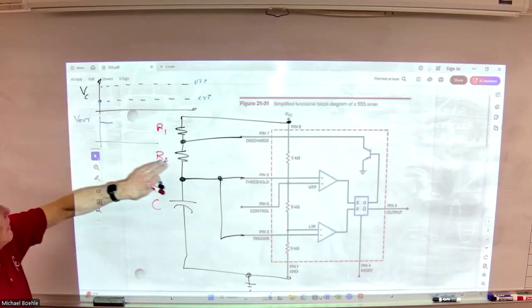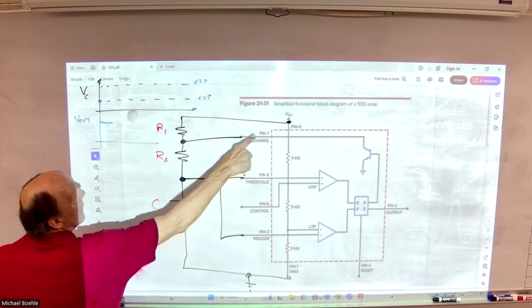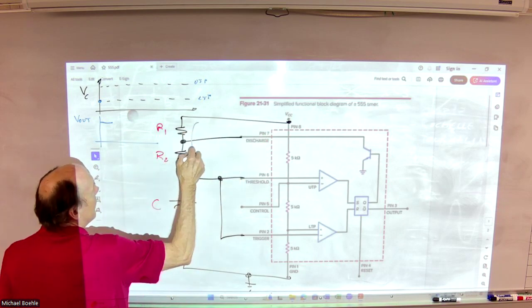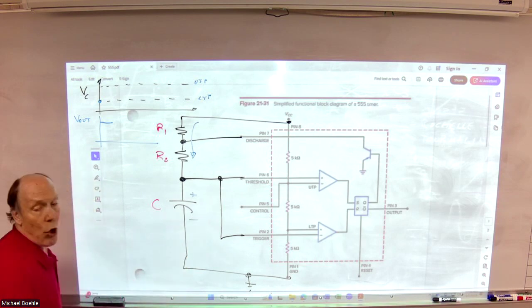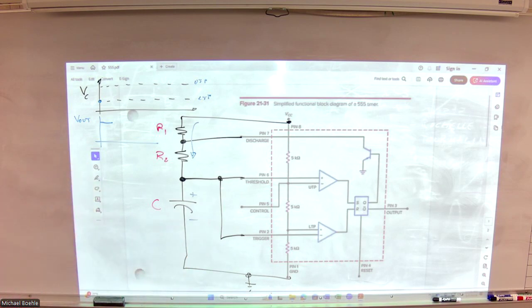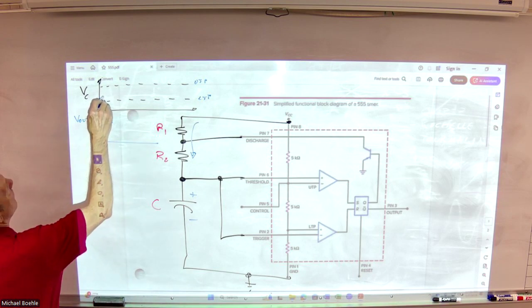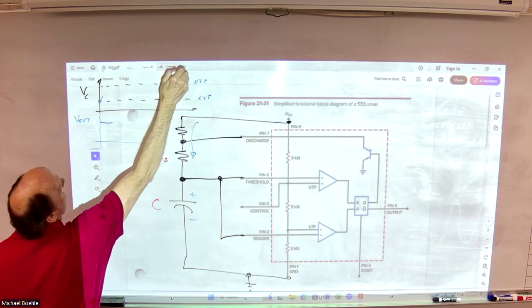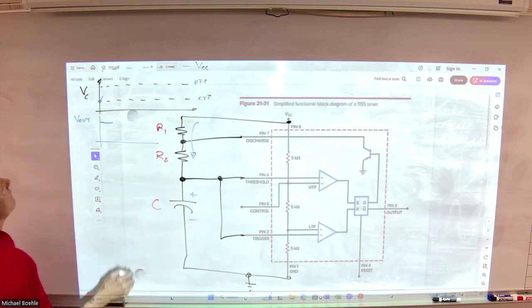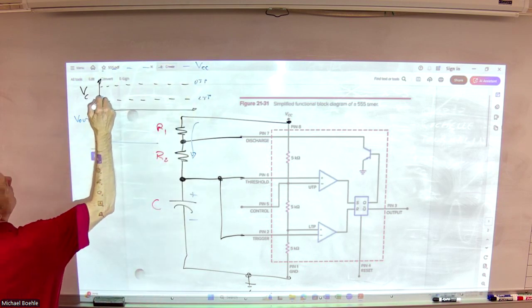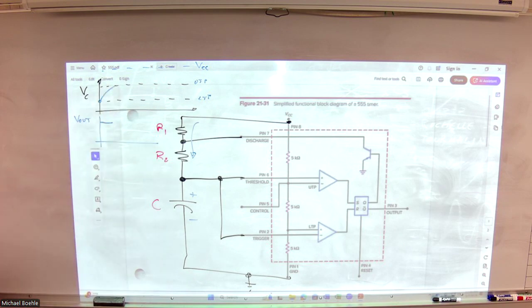Now, because this path does not exist, VCC is going to provide a path to charge my capacitor toward VCC. The capacitor starts charging. VCC, of course, is up here. So it starts charging toward VCC until it hits the upper trip point. What happens then?